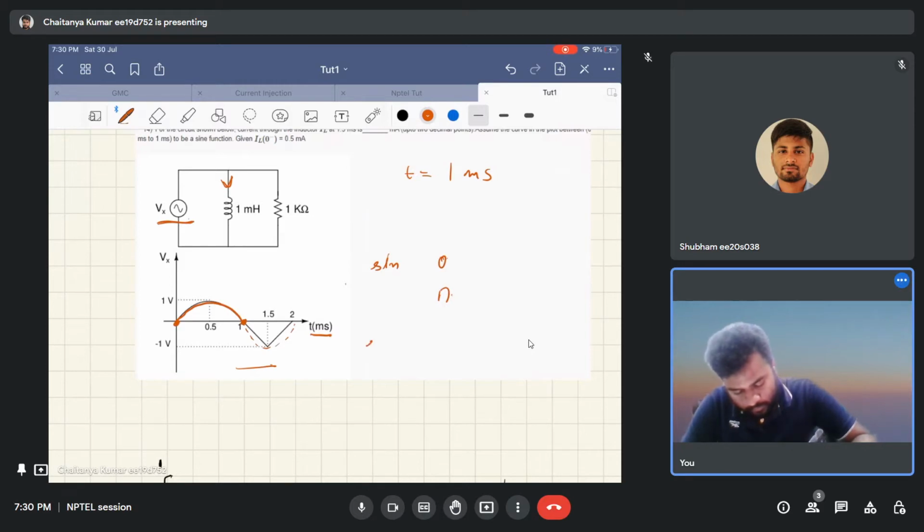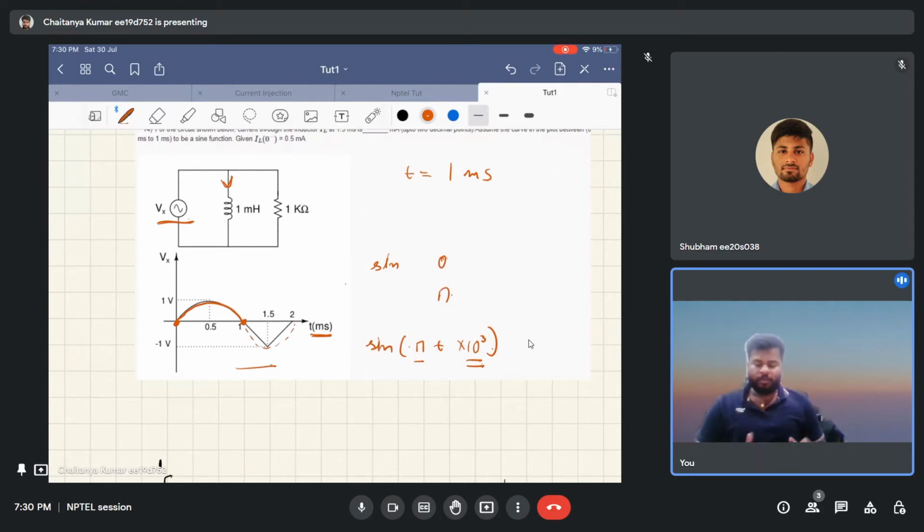From this you can see that your waveform from 0 to 1 millisecond can be written as sine of pi into t into 10 to the power 3. This 10 to the power 3 covers for the time axis being in milliseconds, and this pi takes care that the half time period of this sine wave is 1 millisecond.